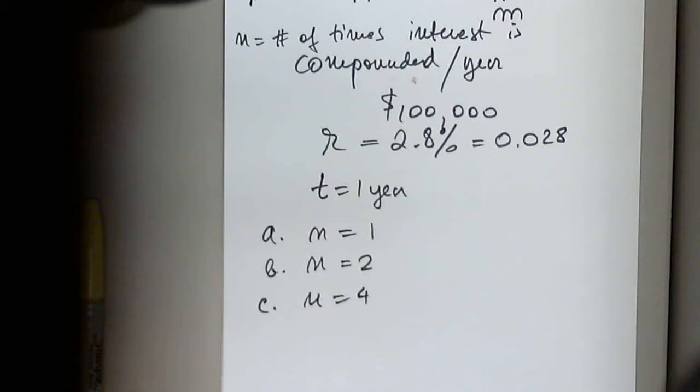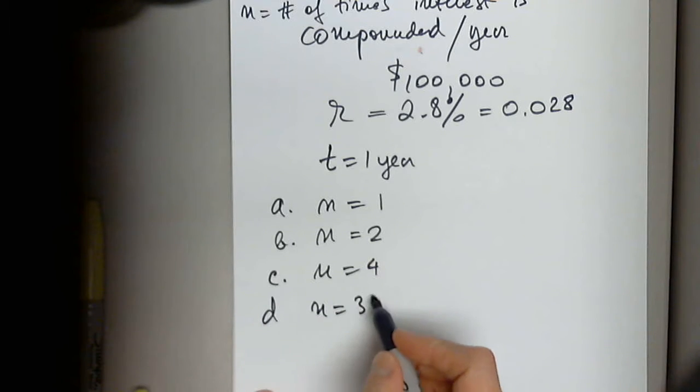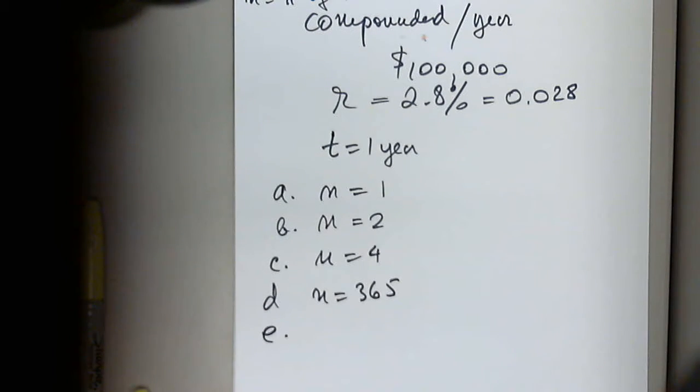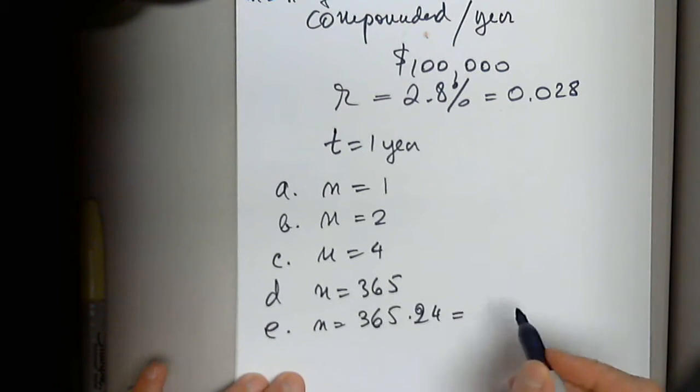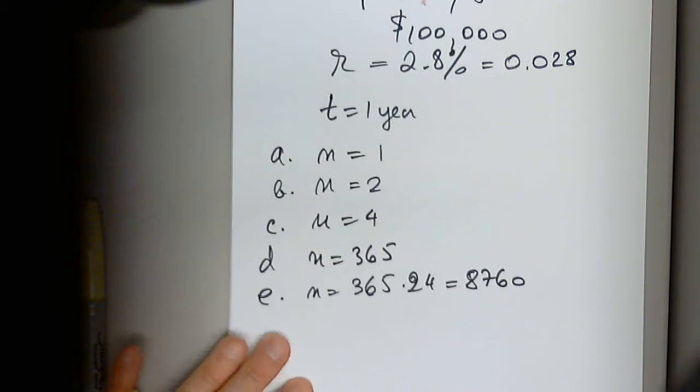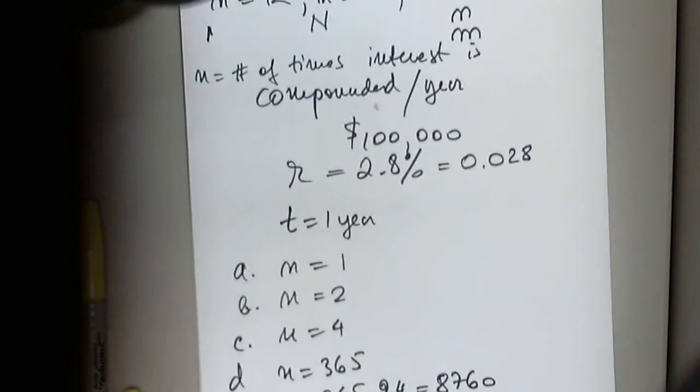It says use 365. E, hourly. So we have 365 days multiplied by 24, which is 8760. Thank you very much. Perfect. We don't have to do all of them, but since we wrote them, let's, okay.